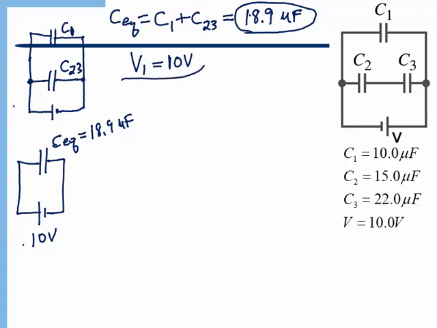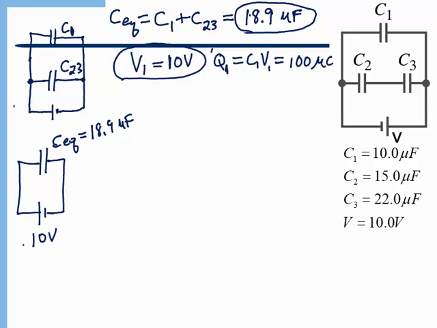That's one of the things that I'm trying to find. Well, if I know the voltage across a capacitor, then I can easily calculate its charge. In other words, the charge on C1 is just going to be C1 times V1.